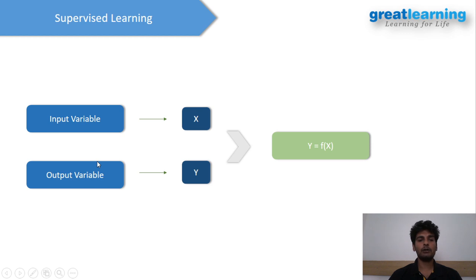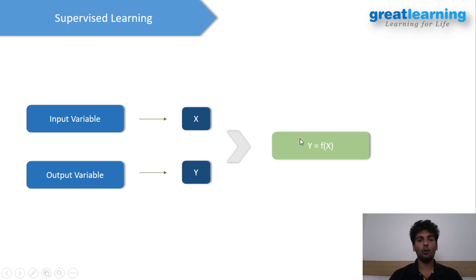These output variables are denoted with Y, and the input variable is denoted with X. These output variables are also denoted as dependent variable, and this input variable is also known as an independent variable. And we are trying to determine how an output variable changes with respect to an input variable. Or basically, how does a dependent variable vary with respect to an independent variable?